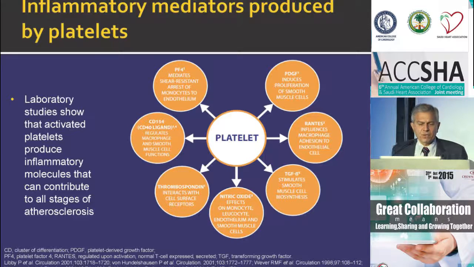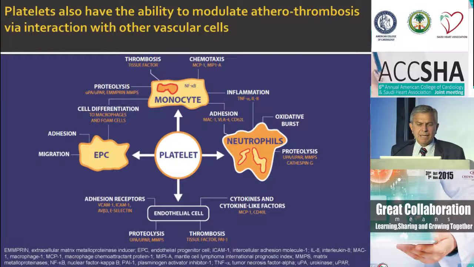Laboratory studies have shown that activated platelets produce inflammatory molecules that can contribute to all stages of atherosclerosis. You see here a lot of inflammatory molecules, such as platelet factor 4, platelet-derived growth factor, RANTES, CD40 ligand, and so on and so forth. In fact, the platelets have the ability to modulate atherothrombosis via interaction with other vascular cells.